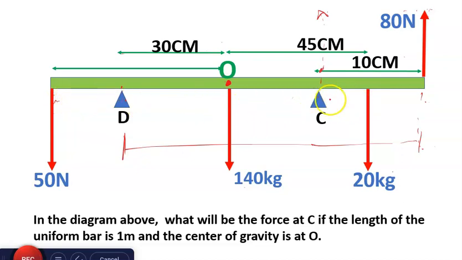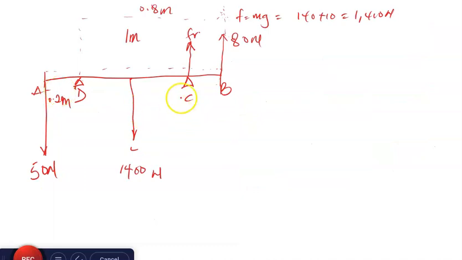Obviously, that means if from D to A is 20 and from C to B is 10, then between D and C what we should have left is 70 centimeters. That is 20 centimeters plus 70 plus 10, that's 100. So what we have here is 70 centimeters, that's 0.7 in meters. Let's replicate that. So for this distance, I have 0.7 meters. And now let's take the last force.